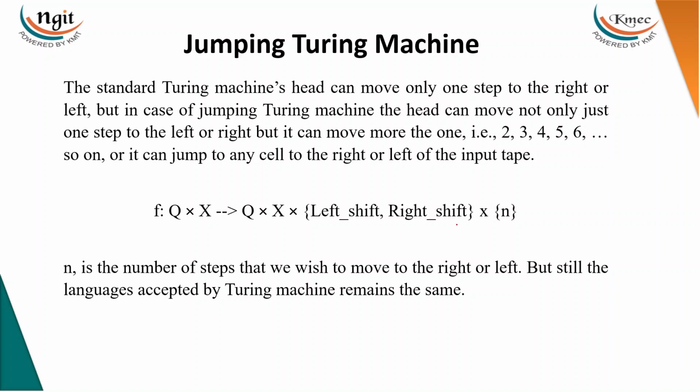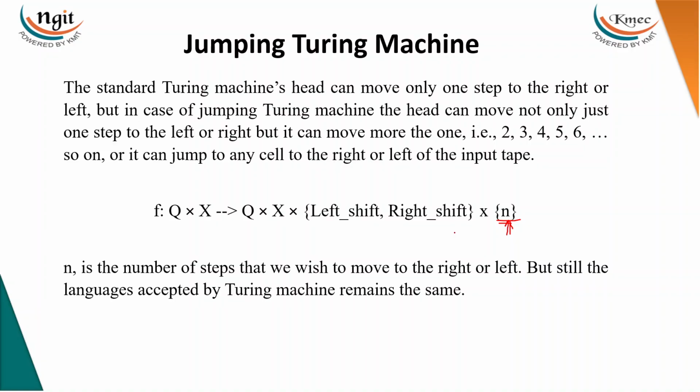Here you have to specify left shift or right shift, and n, how many cells you have to jump. So if you write left shift 3, then 3 cells will be jumped to the left side. A right shift 4, then 4 cells will be jumped to the right side. Like that we can do it.